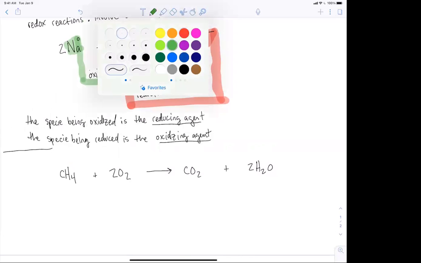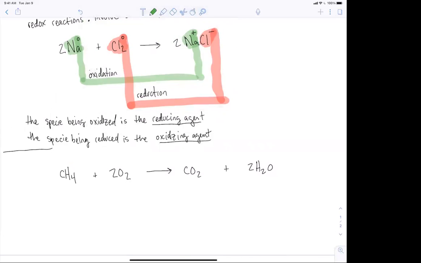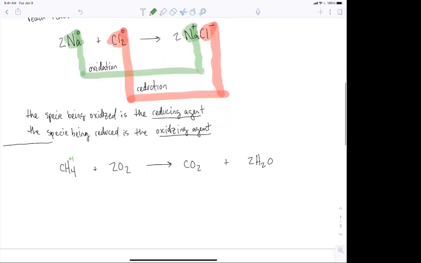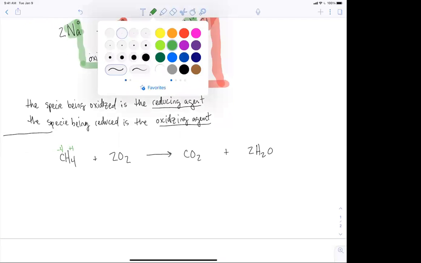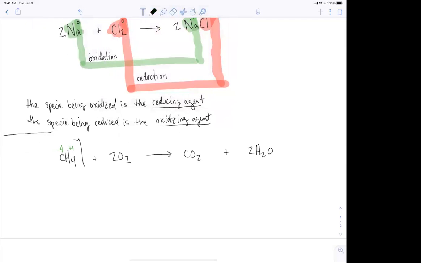Try and use green for oxidations. But yeah, if I have +4, that means that the carbon must be -4, because the net charge on this thing, we don't typically write it out, but the net charge here is 0. So I know that these things have to sum up to be 0. So +1 times 4 gives me +4. And so that tells me that this must be -4.